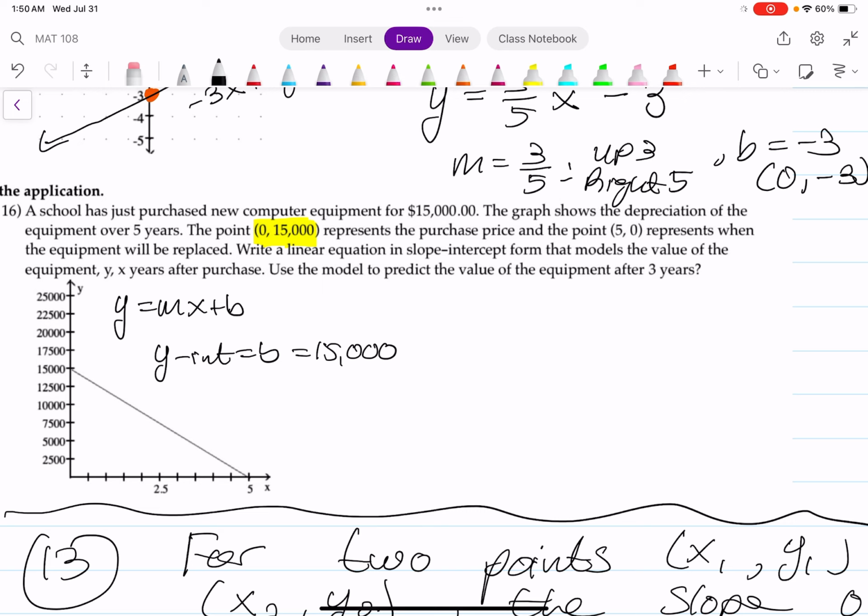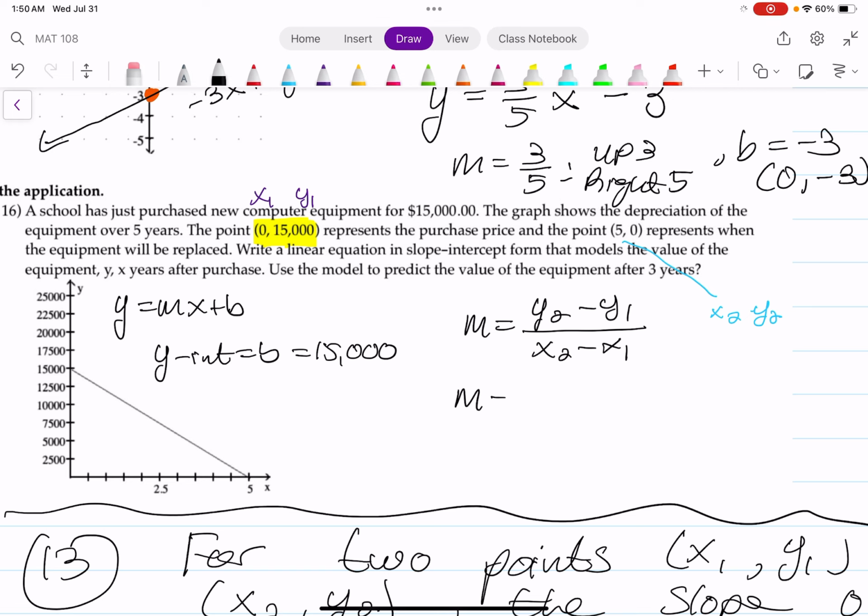To find the slope, m, once again, equals the slope formula, y2 minus y1 divided by x2 minus x1. And we can use this because we have two sets of coordinates. Here, this is my x1 and my y1, and over here, this is my x2 and my y2. The conditions are satisfied for us to find the slope.